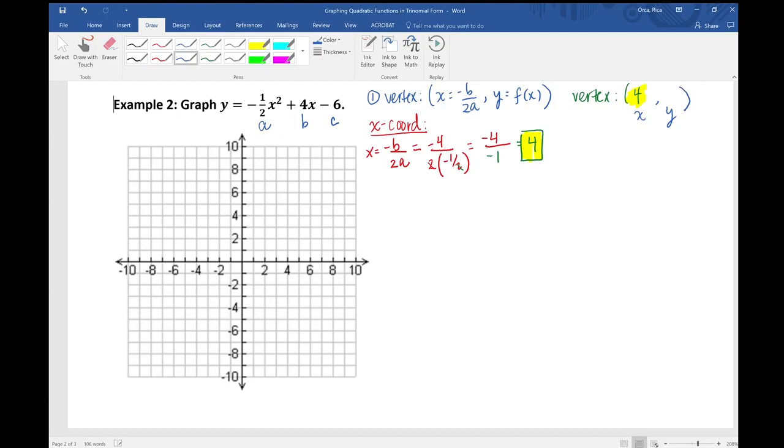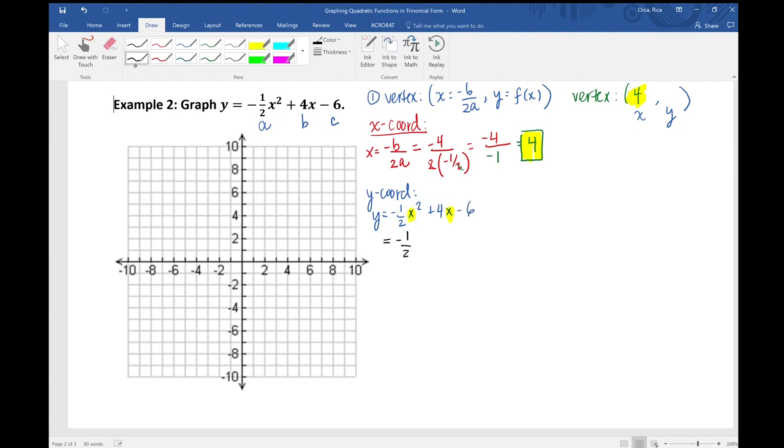Now that we have our x-coordinate, let's find our y-coordinate. For the y-coordinate, we're going to take our x value and just plug it back into our function. Y equals negative 1/2 x squared plus 4x minus 6. Take the 4, plug it into x.